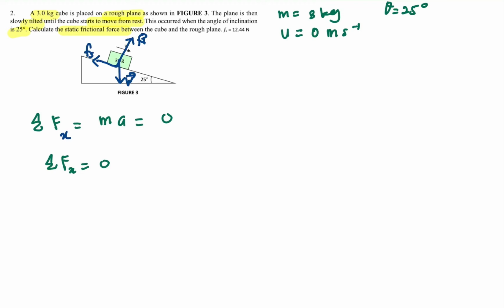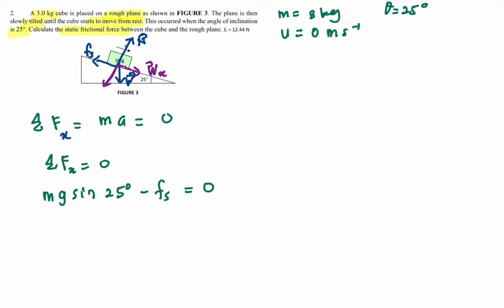In x component you have the other one is wx, and also so you have wx and also static frictional force. Then wx is mg sine 25 degree minus fs will be equal to 0.